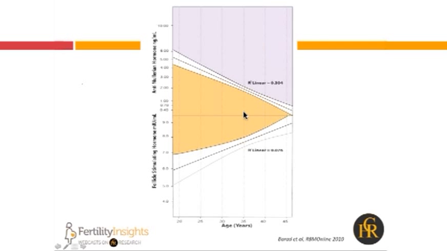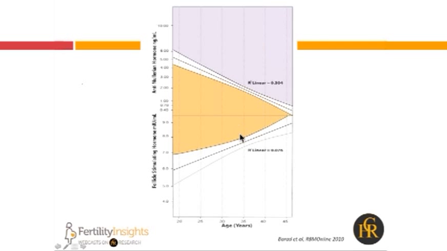And we define a woman to have low functional ovarian reserve, in other words, ovaries older than they should be, if either her FSH is above where it should be for her age, or her AMH is below where it should be for her age.